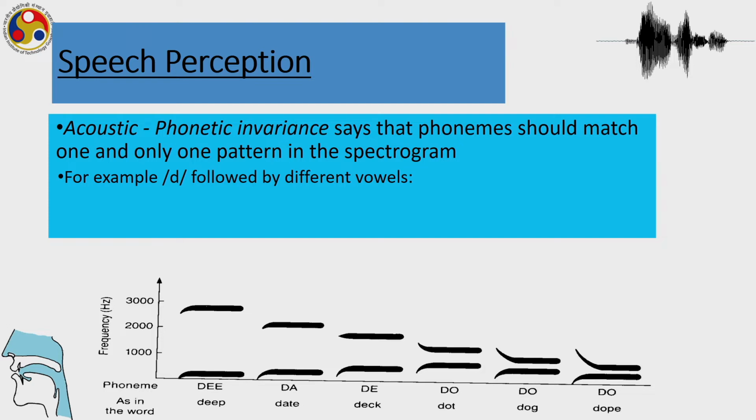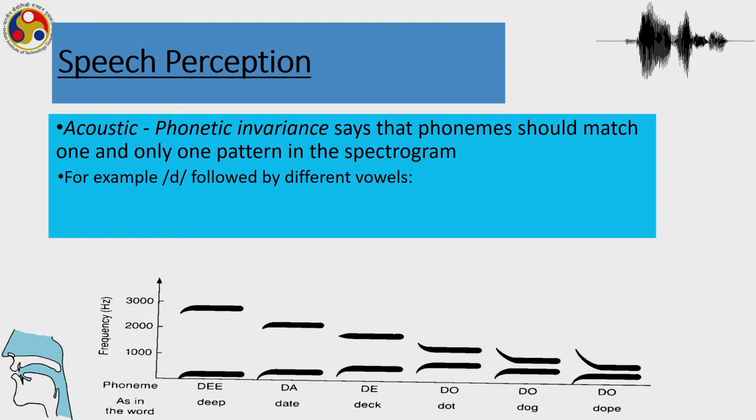Now, this is shown in the diagram in front of you. You can see that these are formant transitions for one consonant, the D, and these are the transitions that you see all along in this graph.